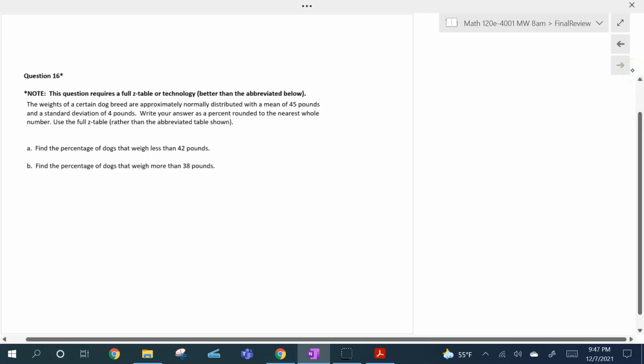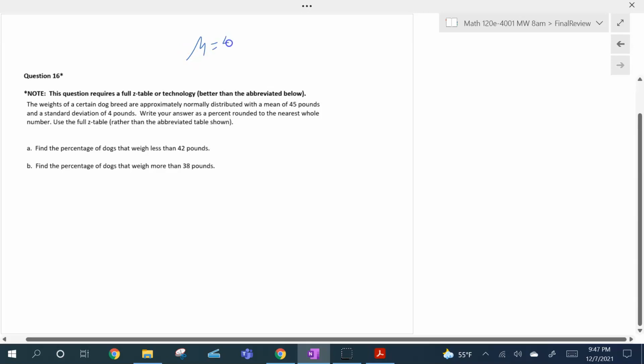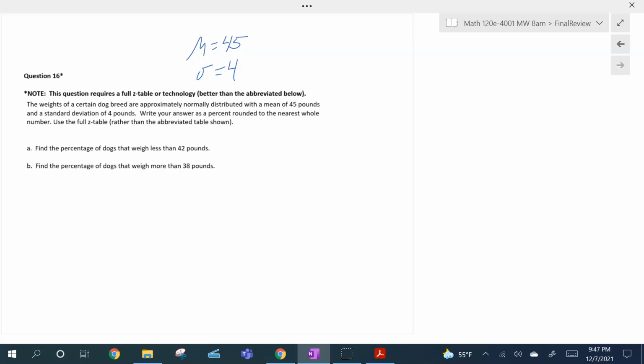Alright, this question, the one I attached in the review, does have that abbreviated table, but we're just going to use that full table here for this. Weights of a certain dog breed are normally distributed with a mean of 45, and a standard deviation of 4 pounds.